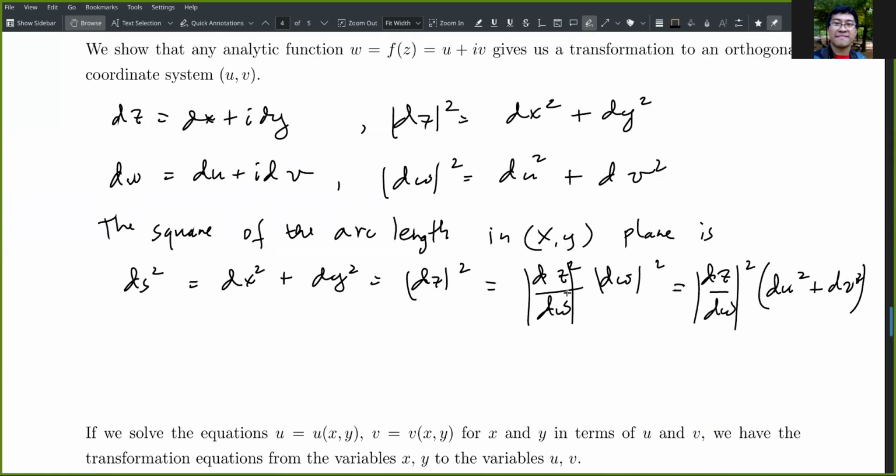Okay, this is a condition we need to prove that we are transforming to an orthogonal coordinate system.